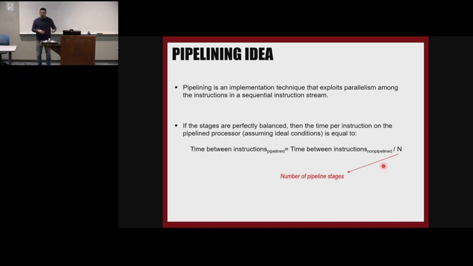Okay, so in that case we had 4 stages. The time to finish a task was 2 hours, but then we noticed that we could get an output every half an hour. So 2 divided by 4 is half an hour, because you have 4 stages. It takes 2 hours to get one output. If you pipeline it, every half an hour you can get an output. Of course, you have an initial delay too.